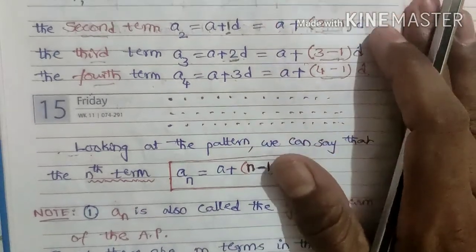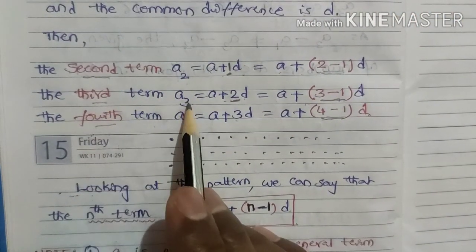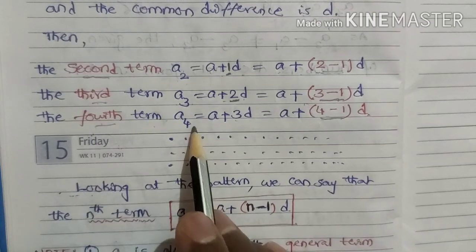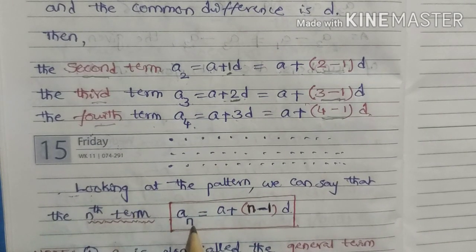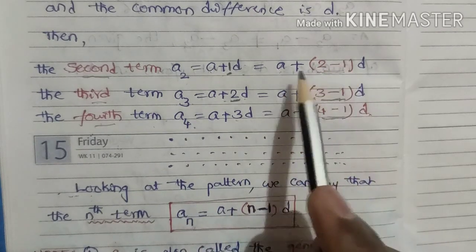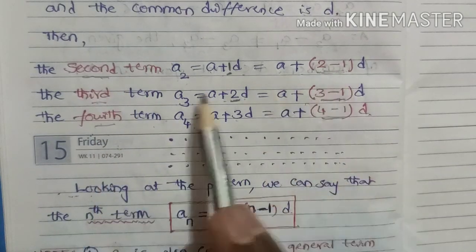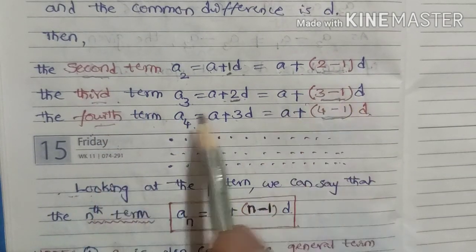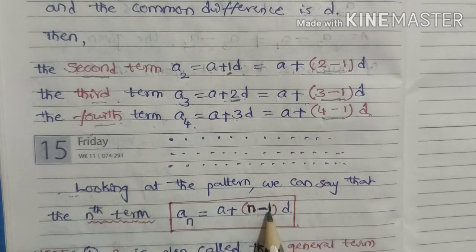Here the second term is represented by A2, the third term by A3, the fourth term by A4. Same way, the nth term is represented by AN. Now observe this pattern. Whenever you are talking about the second term, 2 minus 1; third term, 3 minus 1; fourth term, 4 minus 1; nth term, n minus 1.